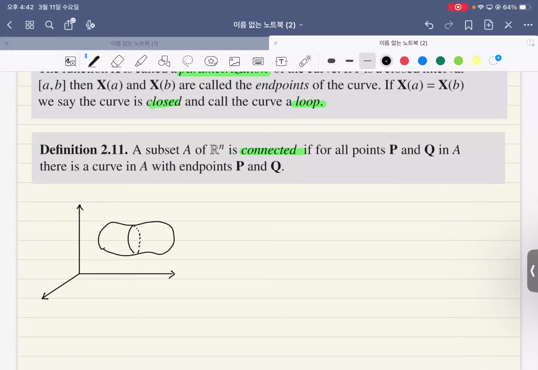And this is clearly connected because for any two points in this set A, say this is P and this is Q, no matter which two points you have chosen, you can still find a curve that lies in A and whose endpoints are P and Q. Well, for instance, like this. You can always find at least one such curve. So this is connected.